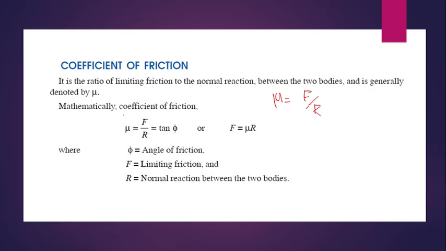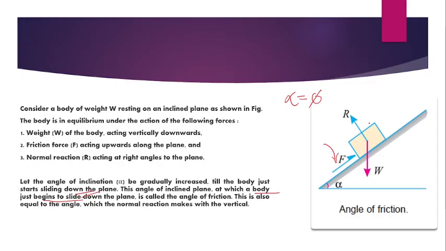Here we can take R as this side and F as this base side, with W acting vertically downwards. This angle is equal to alpha.